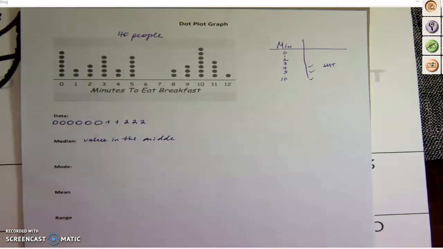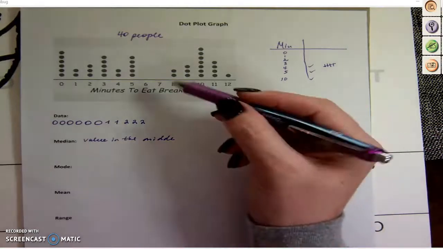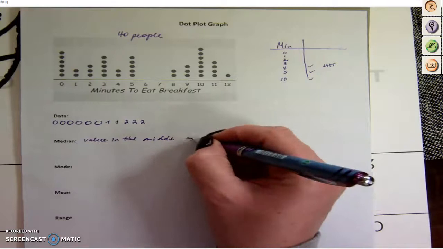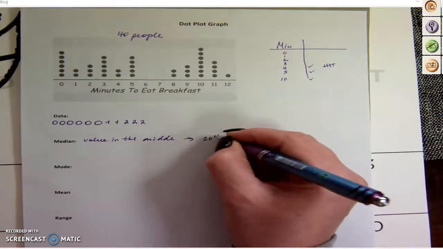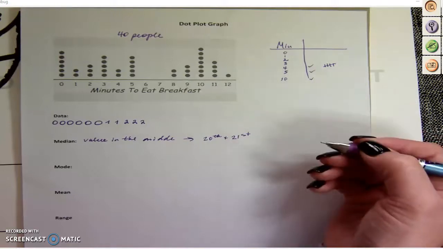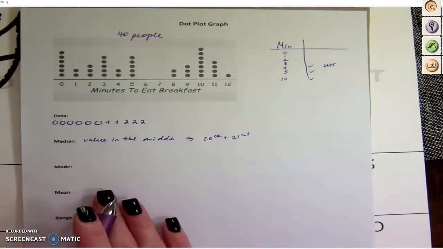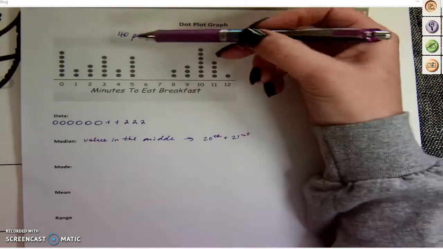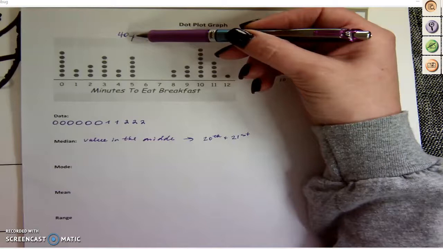If we have 40 people, there's truly not a middle number. The value in the middle would be, for us, the 20th number and the 21st. When we split it in half, 20 on one side, 20 on the other. There's no single value in the middle when you have an even number of values.